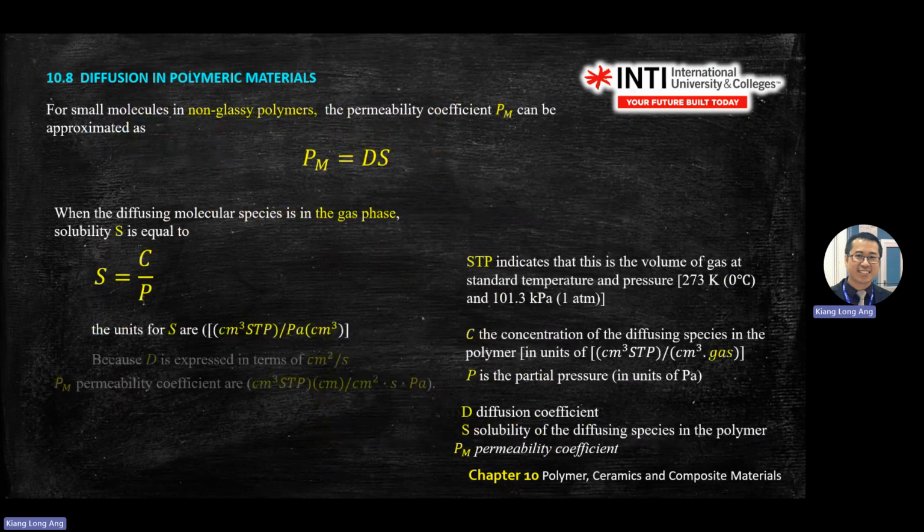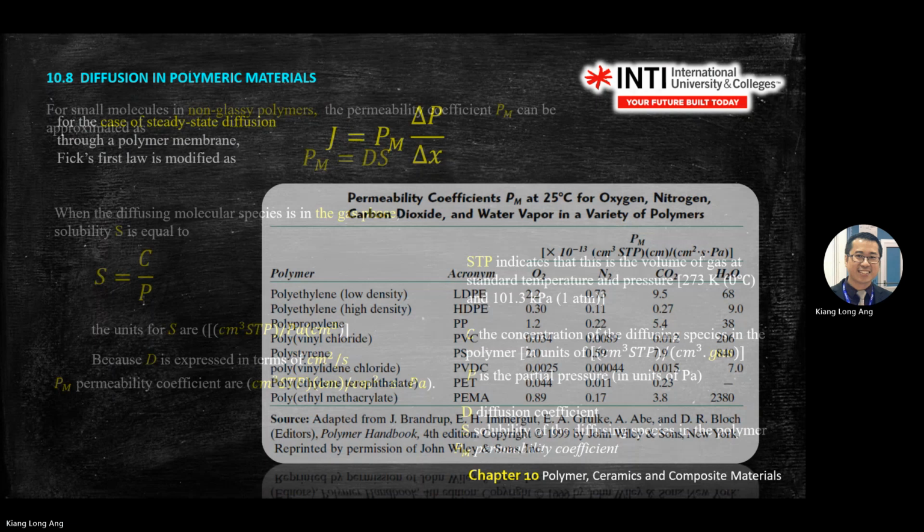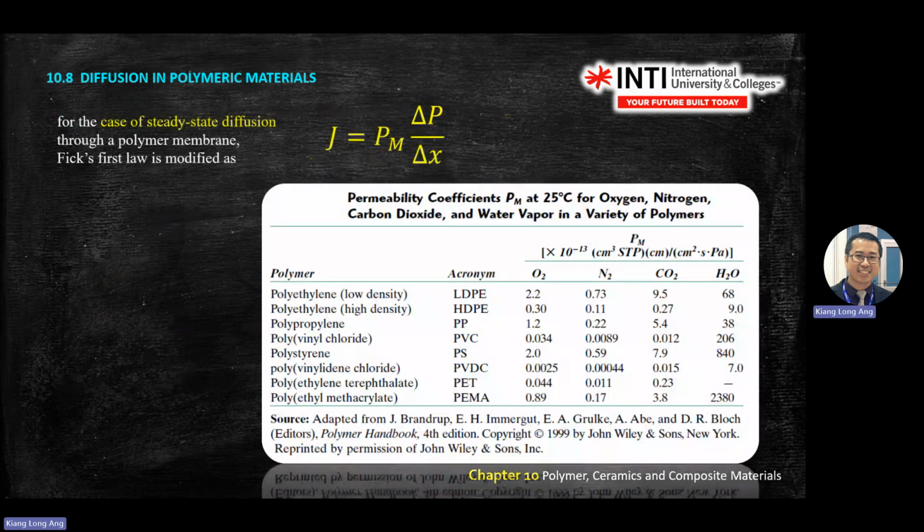So there is another equation for solubility, C divided by T. Okay, the rest you read from the PowerPoint slides. I need to highlight this chart because you'll be seeing this one in your final exam. So you need to memorize the PM delta P over delta X.